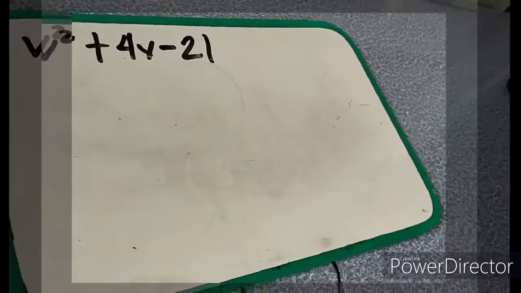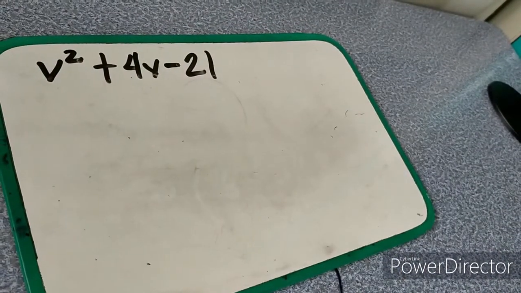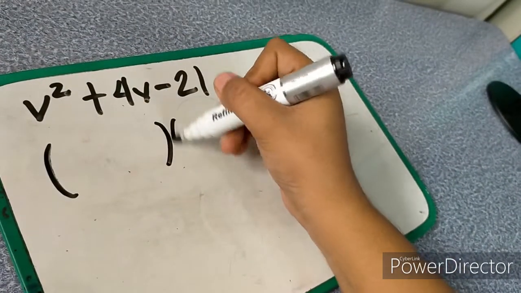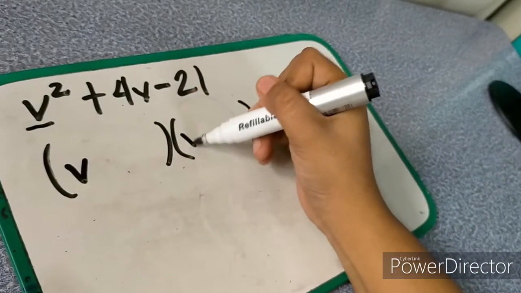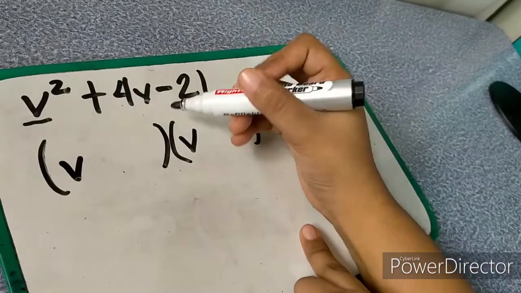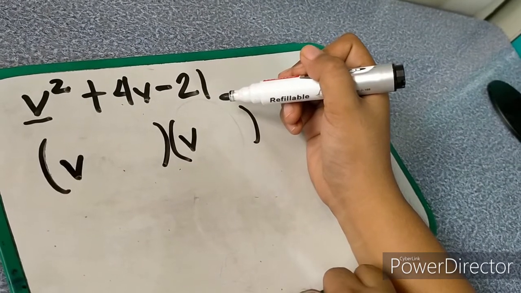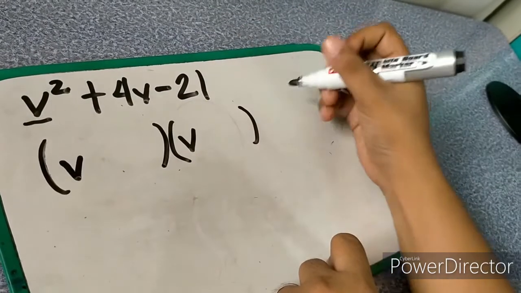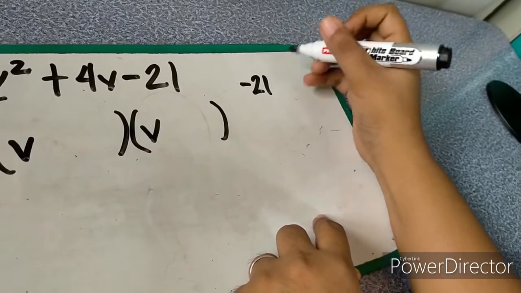Okay, for our second example, let's have v squared plus 4v minus 21. So, first step, factor the first term. So, it is v times v. V times v, it is v squared. Next step, think of the factors of negative 21. Ano ba ang pwedeng factor ng negative 21?